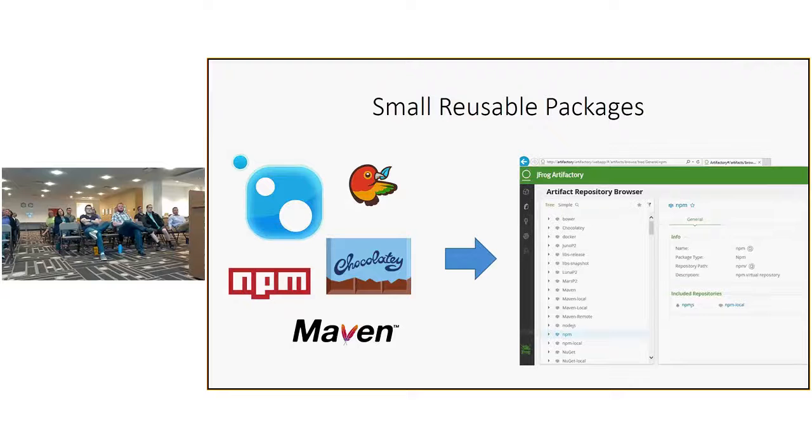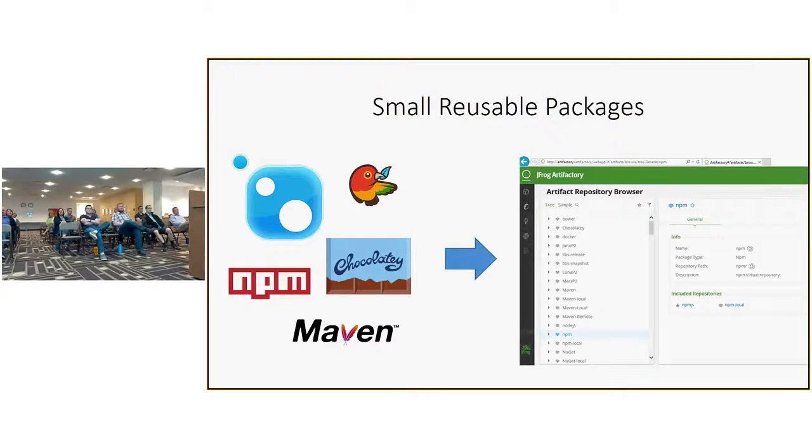So on the left are a few example package managers that are out there, and you'd use these package managers to pull in dependencies, these small, reusable, single-focused dependencies, into your application. Now, at Progressive, we don't interface with those directly.